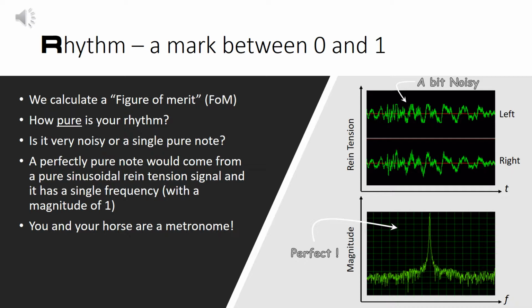There's a single frequency going on and you get a great score. You get a mark of 1. So we convert really the noise in the data into the amount by which you get less than 1. And if it's all noise, then I'm afraid you get 0. Now that's not likely to be the case, but you're going to strive hard to get a score of 1 with perfect frequency, and that means that you're riding really in sync with your horse.